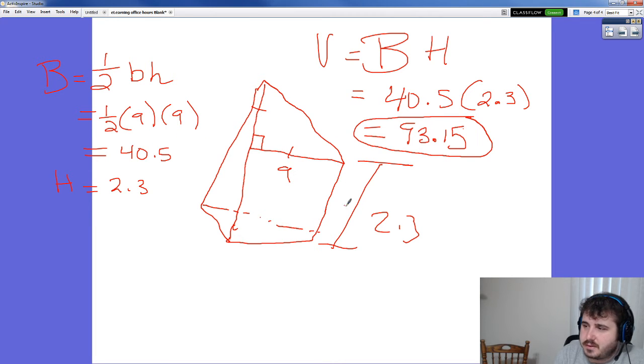And then the height, when it says in the problem, it says the height is 2.3. It doesn't say the height of the prism, but that should be understood from context, because they already give you all the information for the base of the figure. Why would they give you the height of a triangle that you don't need again? So that's what it boils down to.